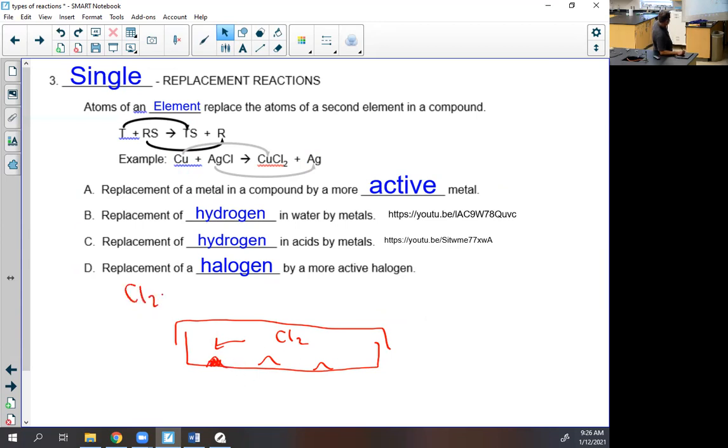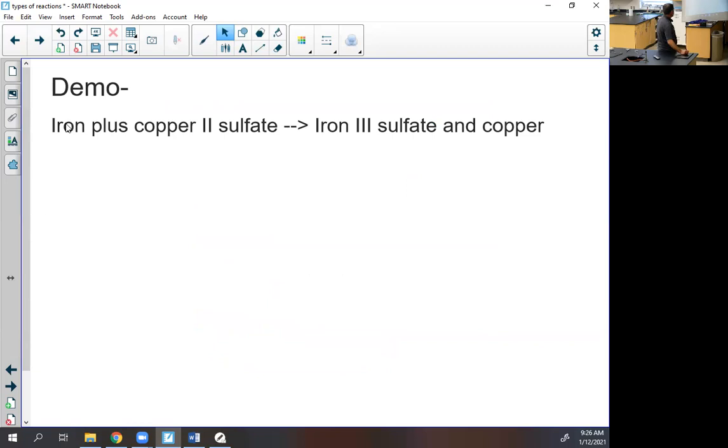So we took Cl2 plus NaBr to produce NaCl plus Br2. Chlorine replaced it. These are, once again, not too hard to recognize. They always have a single element on both sides. All right, the demonstration is this.